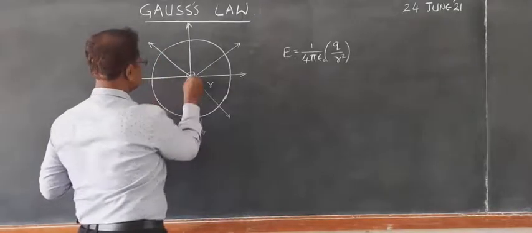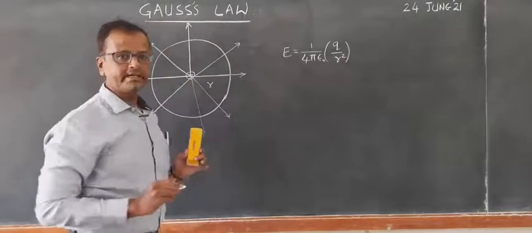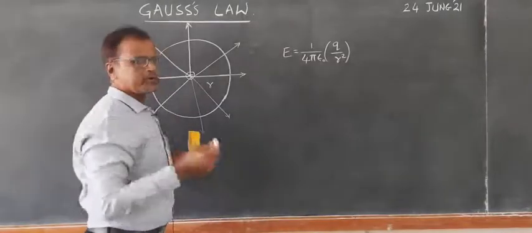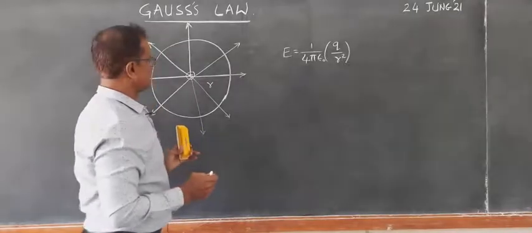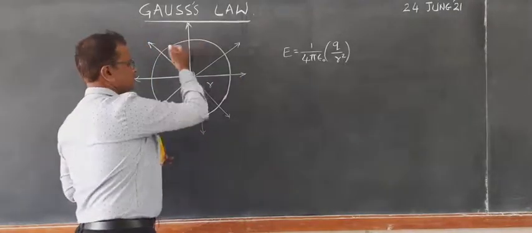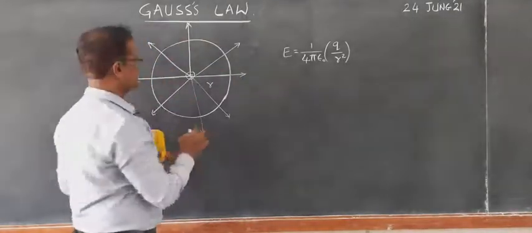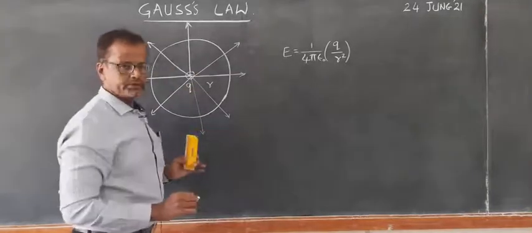I want to calculate the total electric flux linking with this enclosed surface, and the source charge is Q, right?